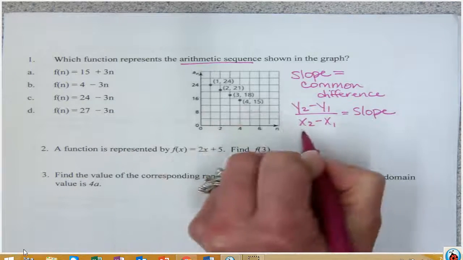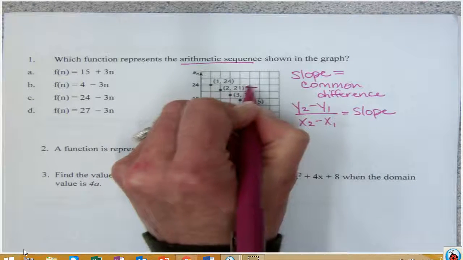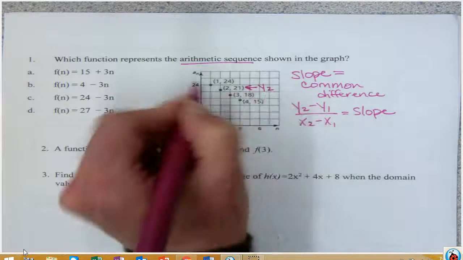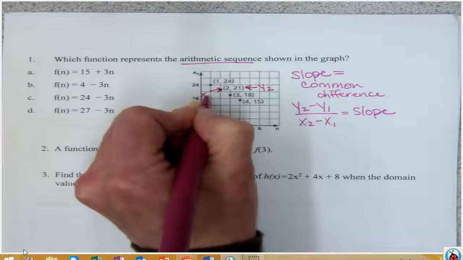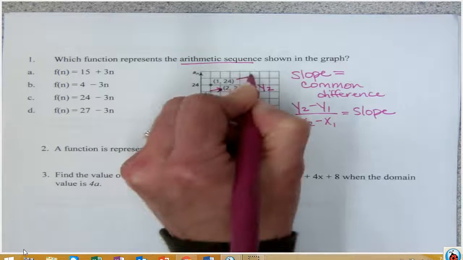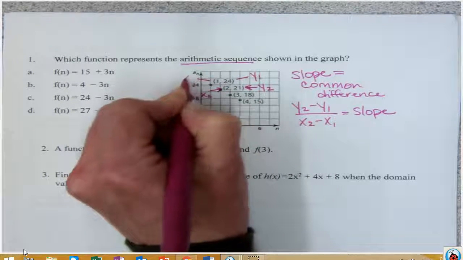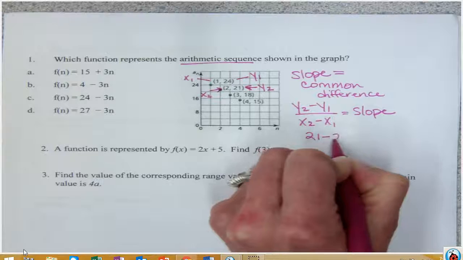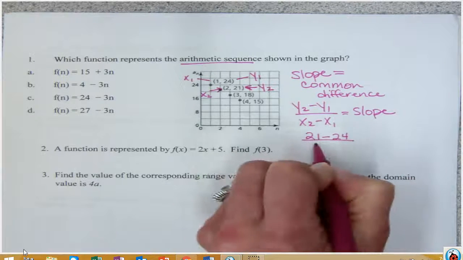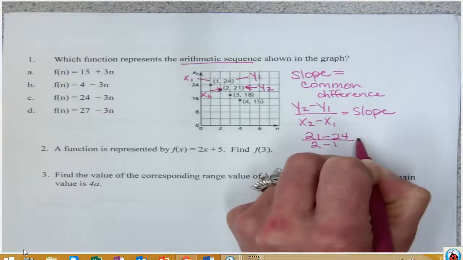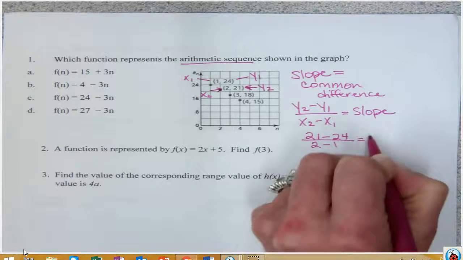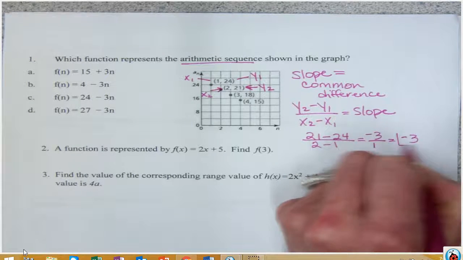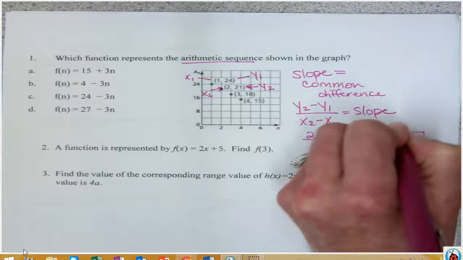So if I take this being my y2, and this is my x2, and this my y1, and this my x1, I would say 21 minus 24 divided by 2 minus 1. That's going to give me negative 3 over 1, so my slope is negative 3.